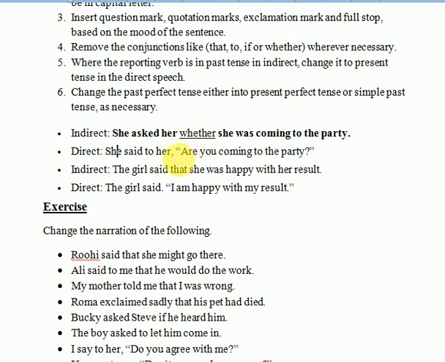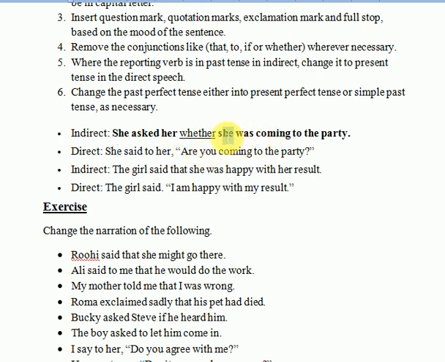Whether would be replaced by a comma, and whether is going to tell us that this is an interrogative sentence. Therefore the conjunction whether is used, and the sentence is of the kind of interrogative which starts with an auxiliary or helping verb. "She was coming to the party," was would change back into the present because the reporting verb is in the past, so this present changes to are.